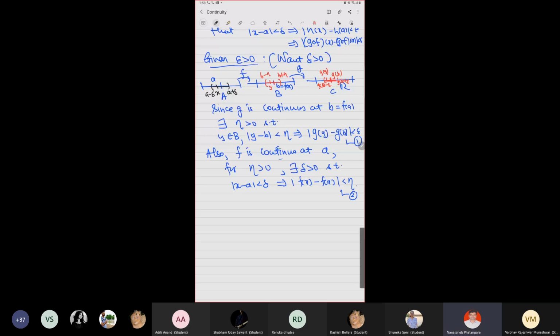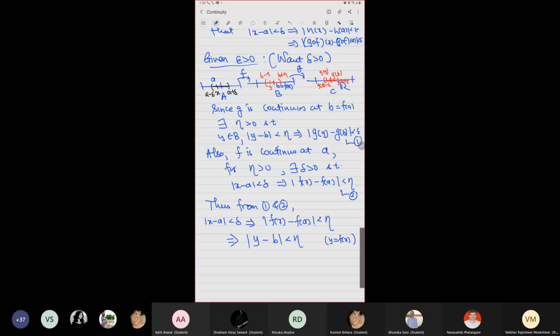So thus, from expressions 1 and 2, the distance of x from a is less than delta. Then what happens? The distance of f(x) and f(a) is less than eta. But what is f(x)? f(x) is in B, which is the domain of g. Can I say that the distance of y from b is less than eta?